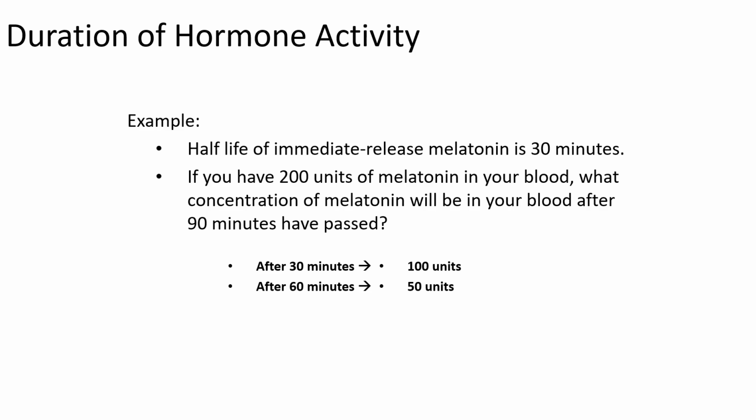Now we're going to allow another 30 minutes to expire, bringing us to 90 minutes. At 90 minutes, we're going to have half of what we had at 60 minutes, which was 50 units. So half of 50 units is 25 units. After 90 minutes, we would have 25 units of melatonin in our blood for immediate release melatonin.